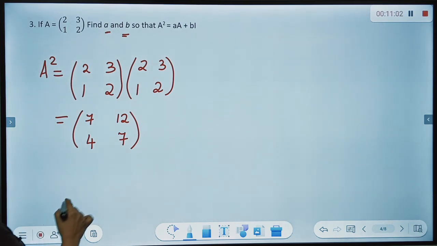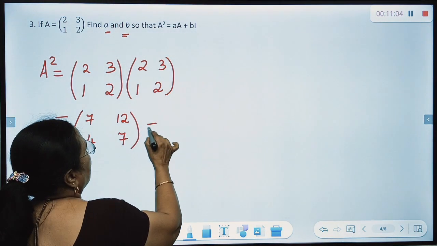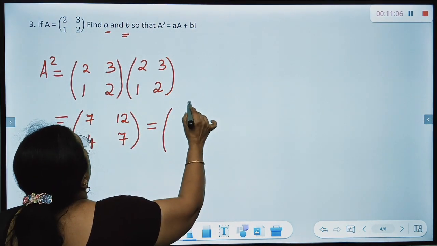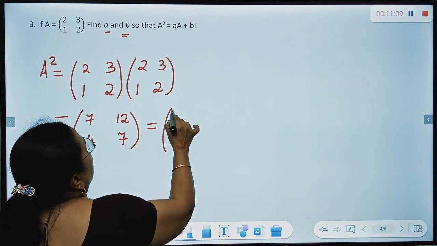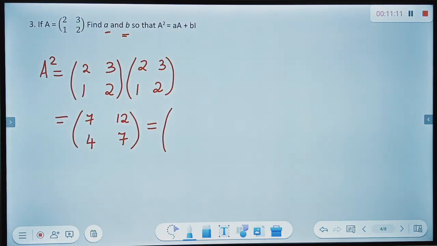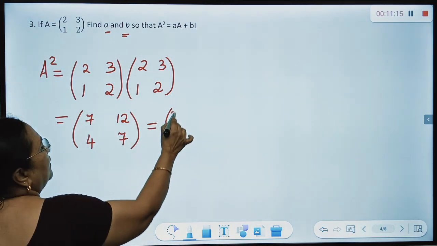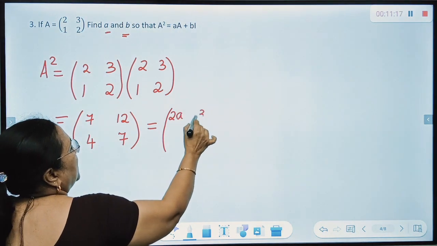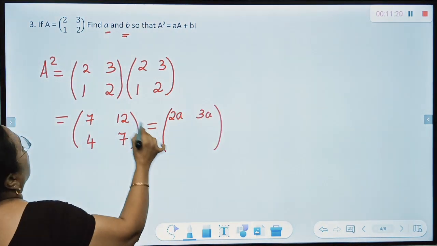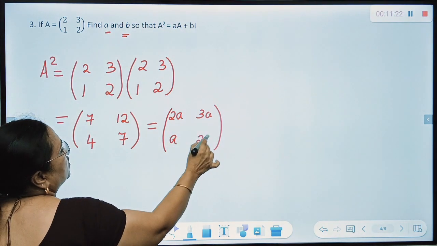Now A square is given to be equal to a times A. What is aA? Multiplying this matrix by the scalar a means multiplying every term by a. So 2a, 3a, a and 2a.